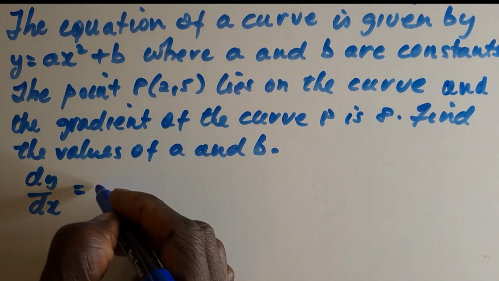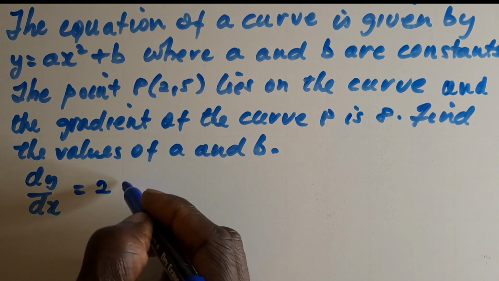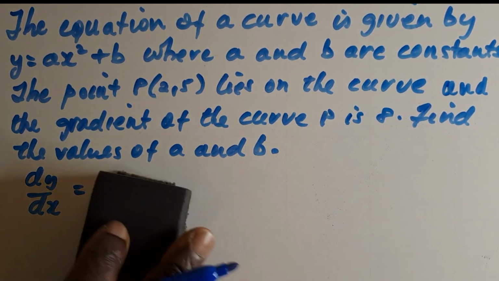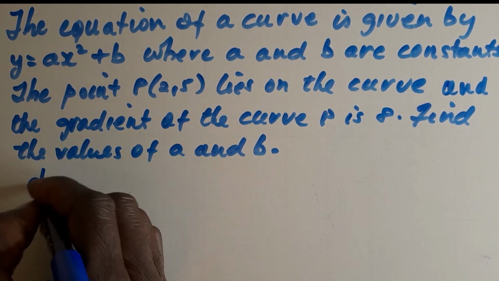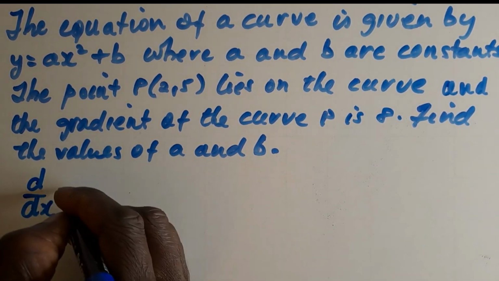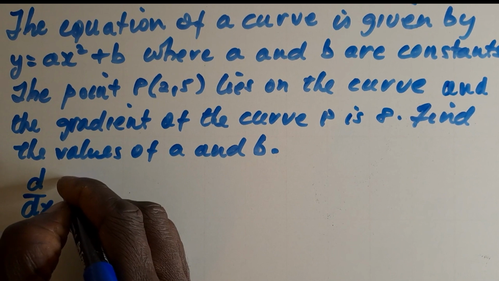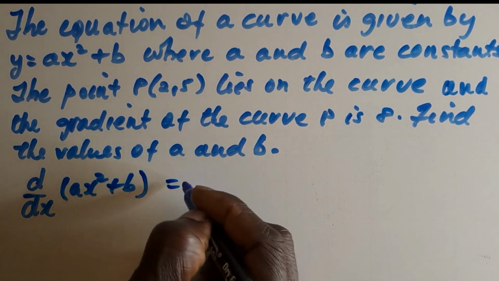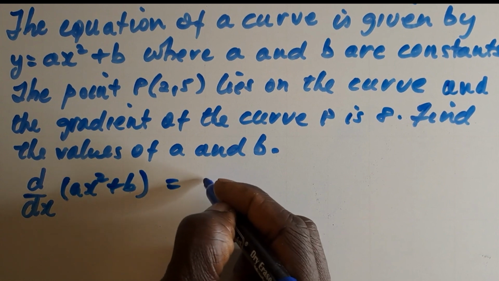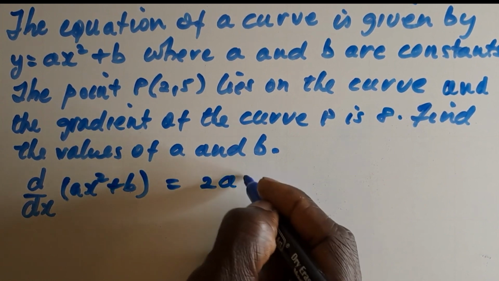Well, let's write it in a different notation. So we have d/dx of y being ax squared add b, and this result is 2ax.